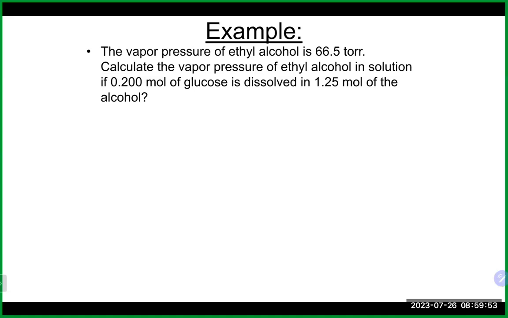Okay, let's take a look. Here we're dealing with vapor pressure, so we're going to use our vapor pressure equation, P_A equals X_A times P naught A. In this case, we're looking at the ethyl alcohol, and P naught is the normal vapor pressure of ethyl alcohol with nothing dissolved in it. We are going to take 0.2 moles of glucose.